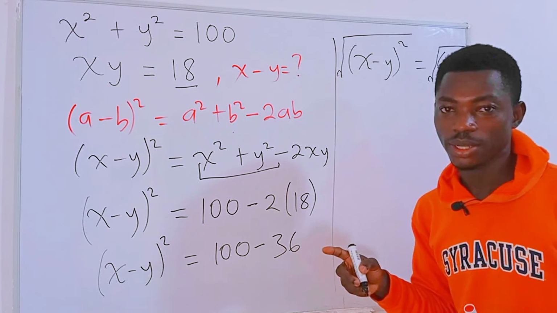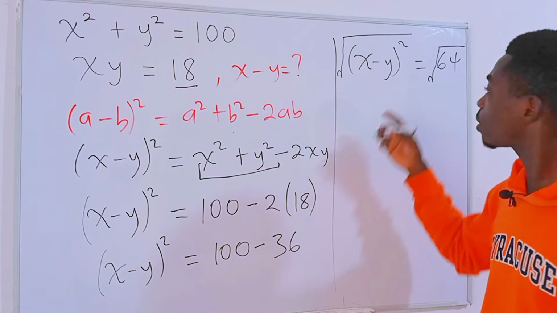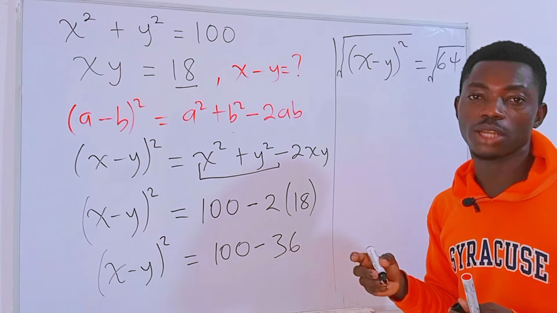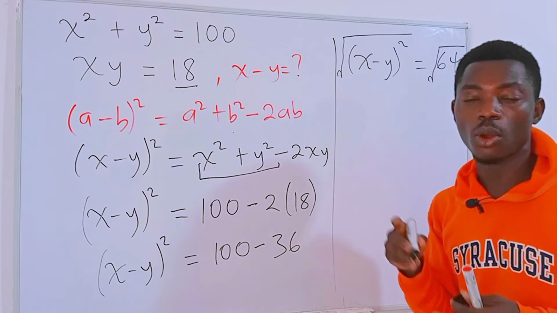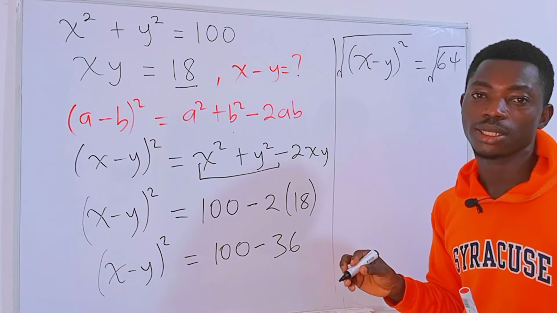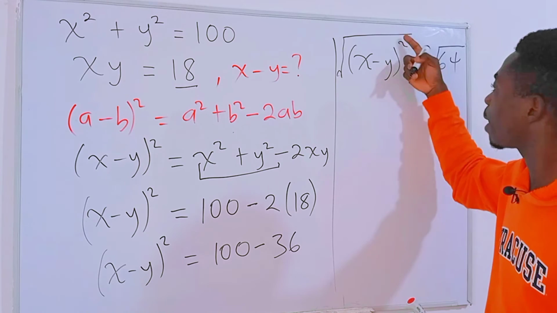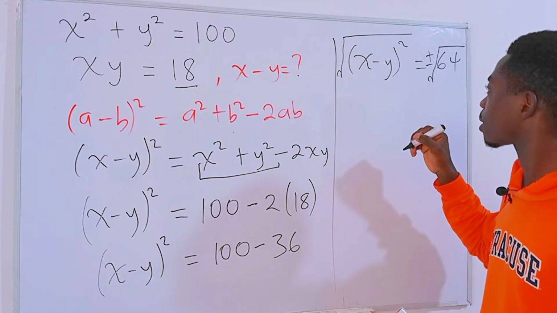Now note, whenever you are to take root on any equation, just pay attention to the power here. If the power is an even number, then it is important to bring plus or minus on the right. But if it is an odd number, just leave it like that. For example, if you are to square this one, we see that this right here is an even number, so it is important to bring plus or minus.